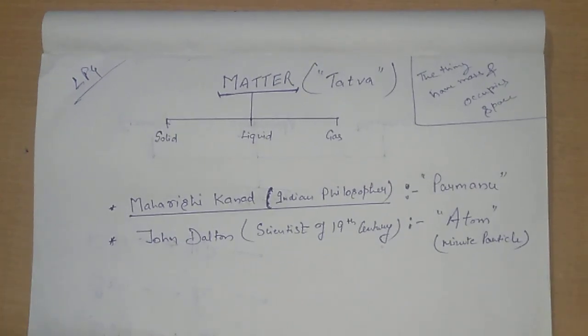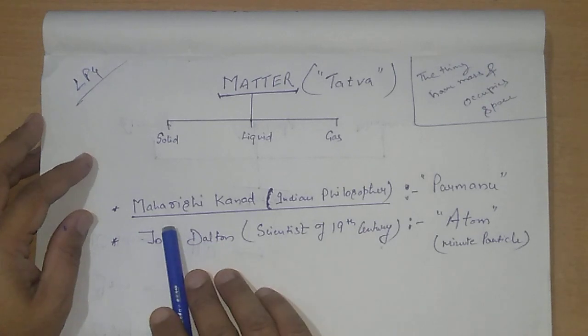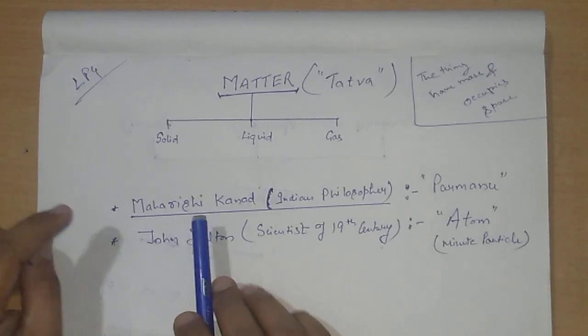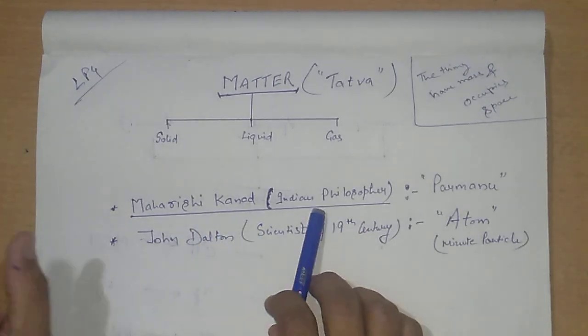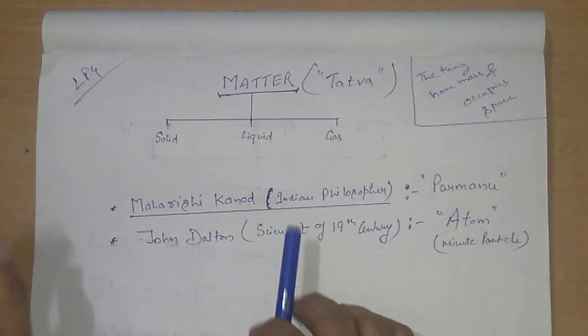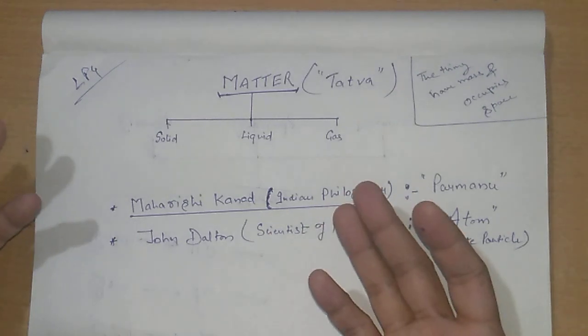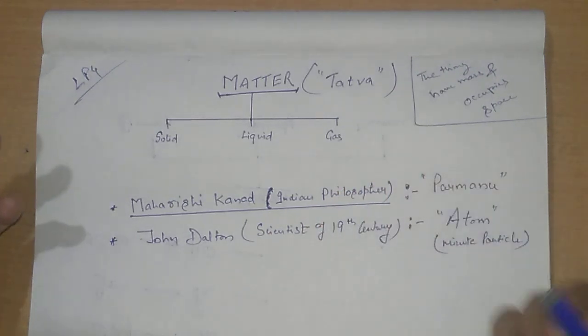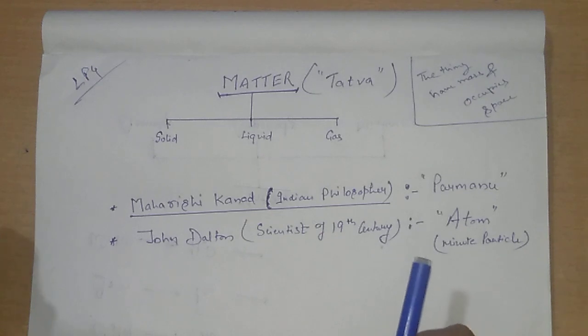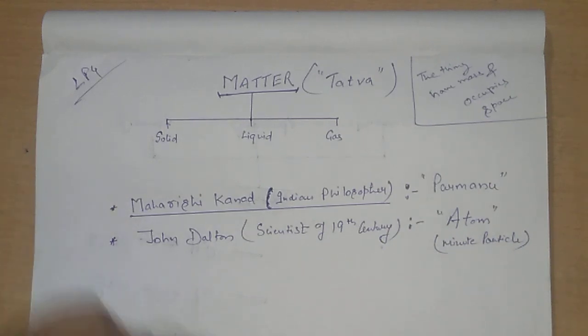Now let me remind you of the things which you might have learnt in the previous class. For the first time, Maharshi Kanad, an Indian philosopher, not a scientist, gave the idea that everything around us is made up of a composition of very small minute particles.